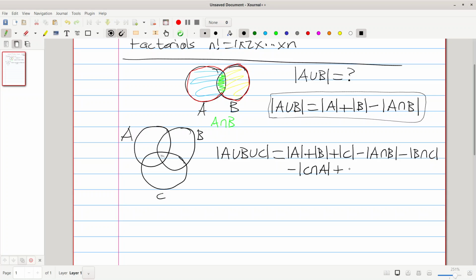So I need to add it back again. So that's the number of elements in A intersection B intersection C. So that's what is in all 3 of those sets.